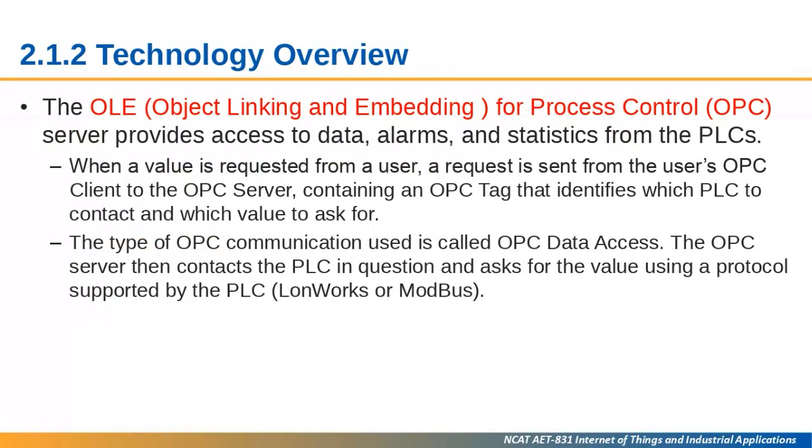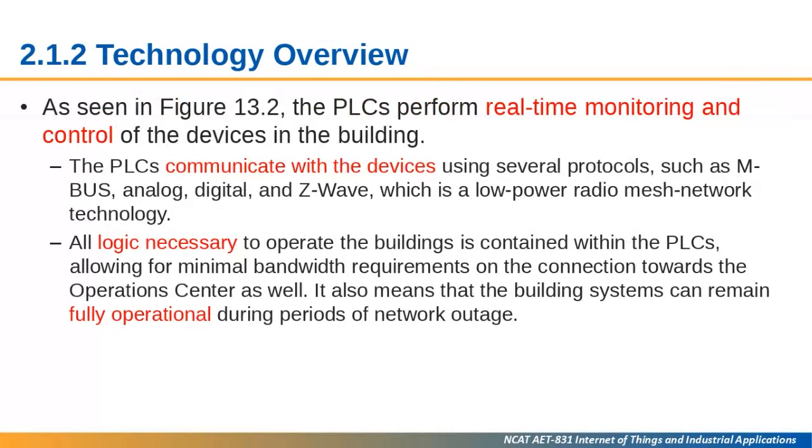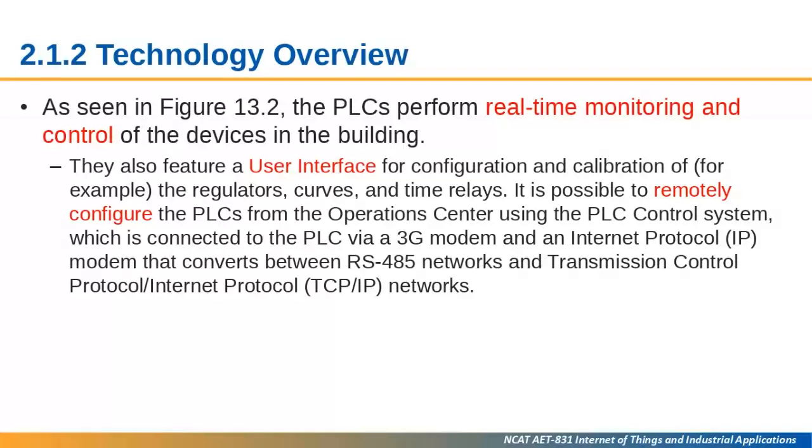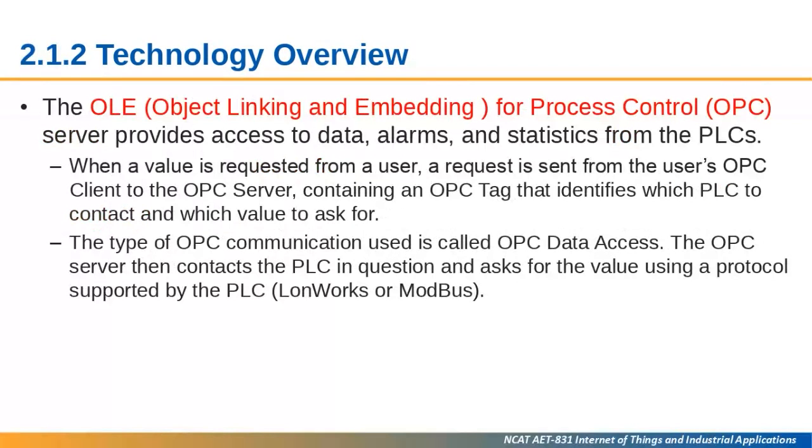When we go to the management part, we have the OPC, well, it's quite long. The OPC server provides access to data, alarms, and statistics from the PLCs. Basically it communicates with the PLCs. So when a value is requested by a user, a request is sent from the user's OPC client to the OPC server containing the OPC tag.